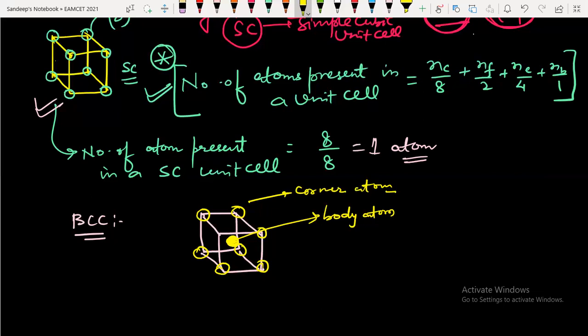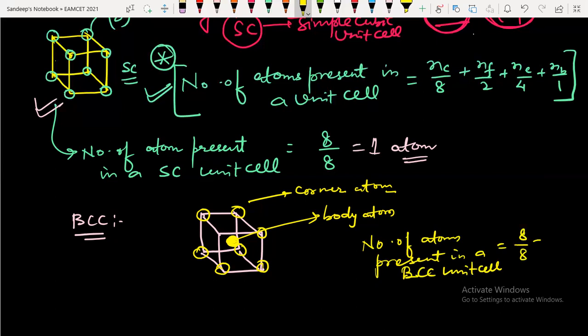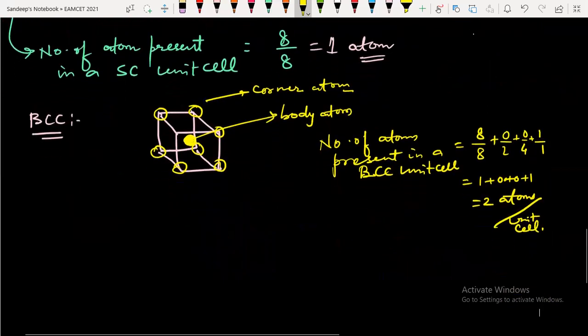So the number of atoms present in a BCC unit cell is equal to 8/8, plus there is no atom at face, 0/2, there is no atom at edge, 0/4, and there is one atom at body. So it is 1 plus 0 plus 0 plus 1. That is 2 atoms per unit cell. So there are 2 atoms per unit cell in a BCC unit cell.